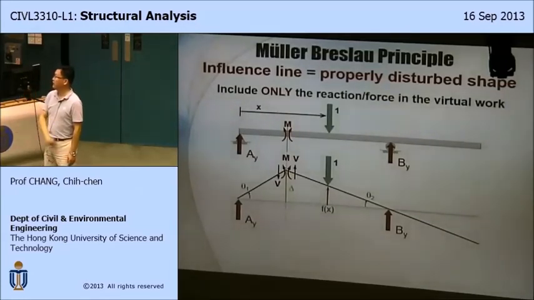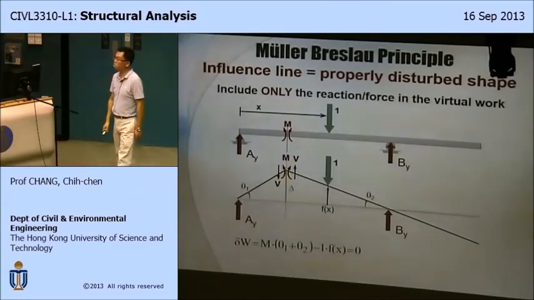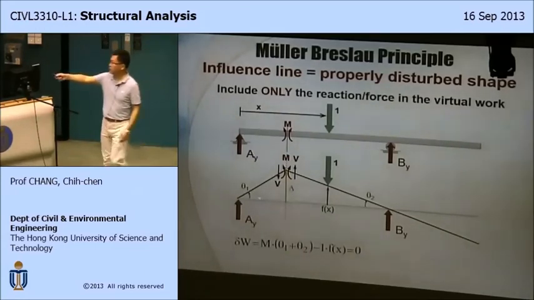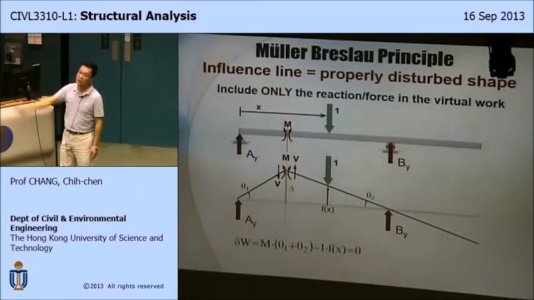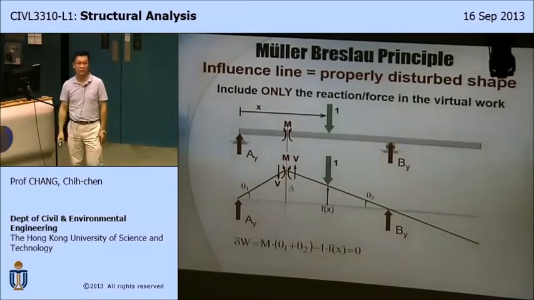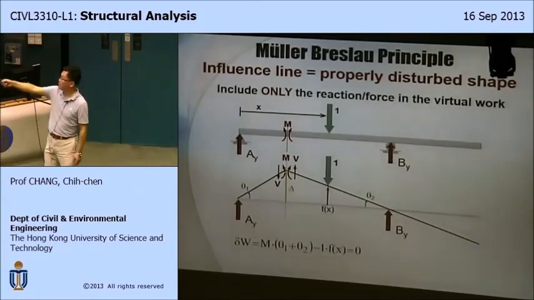So I can formulate my virtual work principle. For shear force, one side is downward, the other side is upward, but they are moving together by the same amount, so shear force will not do any virtual work. For bending moments, this side rotates counterclockwise and the moment is counterclockwise, so it will do positive work.